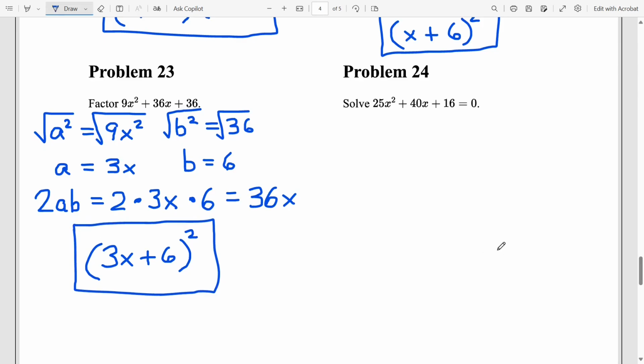All right, next one. We're going to solve 25x squared plus 40x plus 16 equals 0. I think this is a perfect square trinomial. Let's check. So a squared is going to be 25x squared, first term.